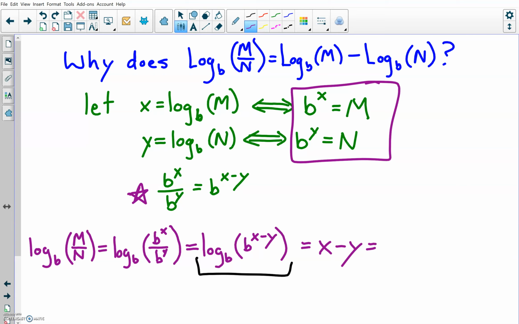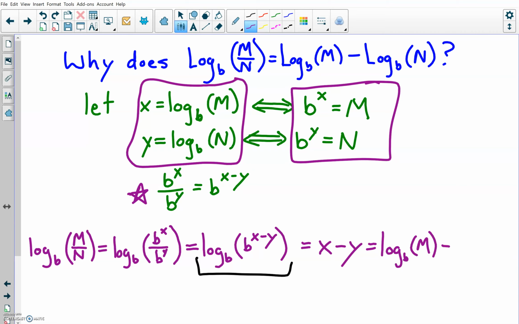I can just go back over here to what I started with, where I let the x be equal to something, the y be equal to something, and get those somethings in play. So we get this x replaced with log base b of m, and then minus that y replaced with log base b of n.